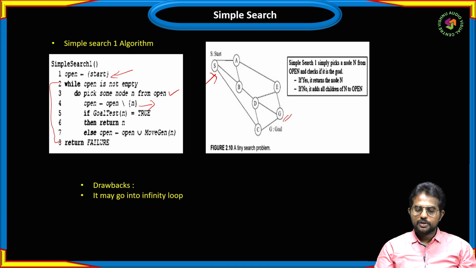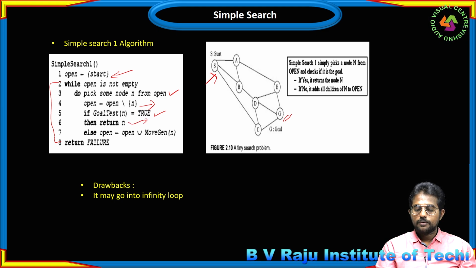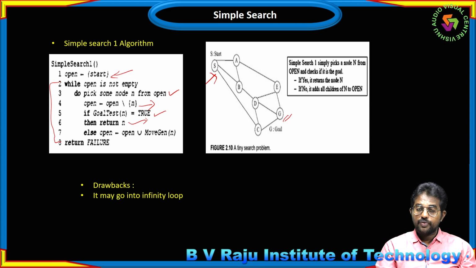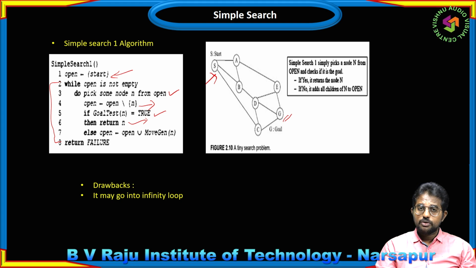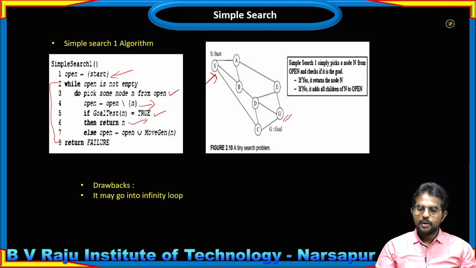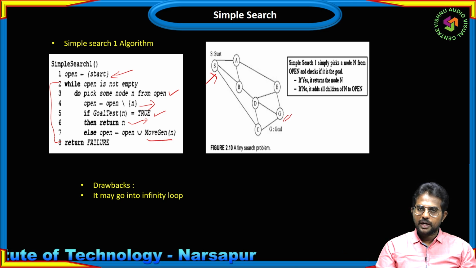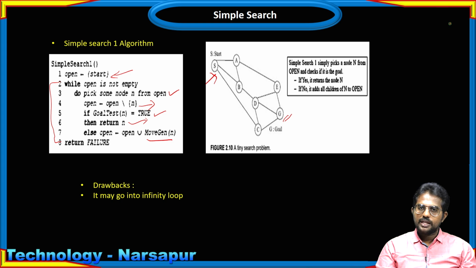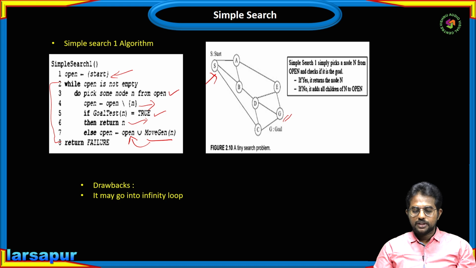Then we test whether it is a goal node or not. If the goal test of n is true, we return that node. Else, we add all the successors of node n, which come through the moveGen function. We apply moveGen on node n and add all the successors to the open. So this is the algorithm.